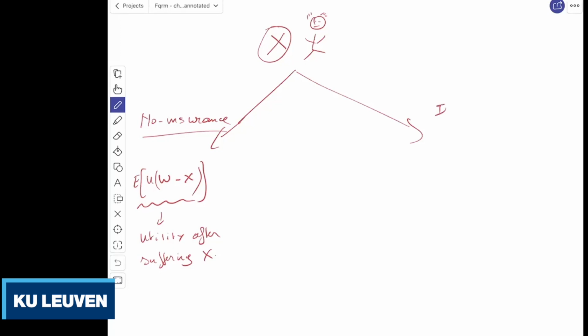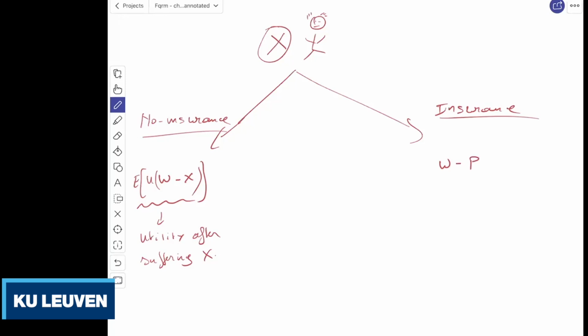In case you take insurance, initially you have W, that's your amount, but if you sign your insurance contract, you have to pay a premium. The insurer will say your policy will be in force from the moment you pay the premium. Then you get the coverage. So you have to pay the premium, meaning that the premium is subtracted from your wealth.